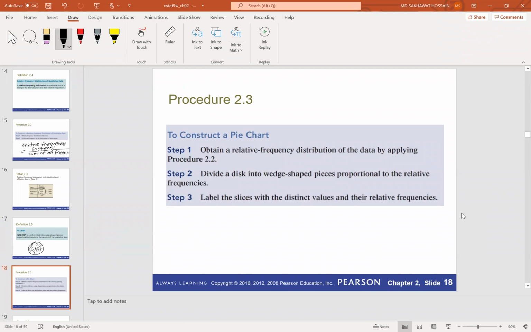Then divide a disk into wedge-shaped pieces proportional to the relative frequencies. Then step 3, label the slices with the distinct values and their relative frequencies.